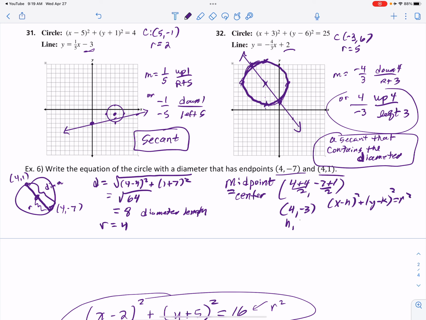And this is your (h, k). So you get (x minus 4) squared plus (y plus 3) squared equals 16. And that is your equation of your circle. Don't forget the squareds. Sometimes people forget the squares on those, and then it isn't a circle. That's it.